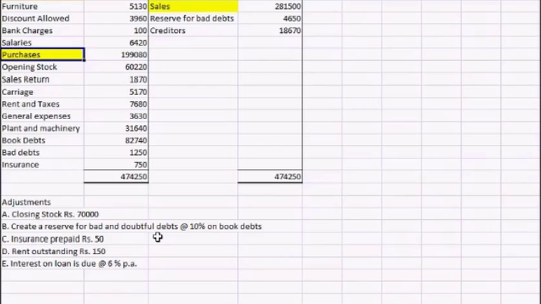Every creation of reserve becomes a liability for the company. Now, as it is a liability, it would be on the credit side, and every increase in the credit will have some debit on the other account.